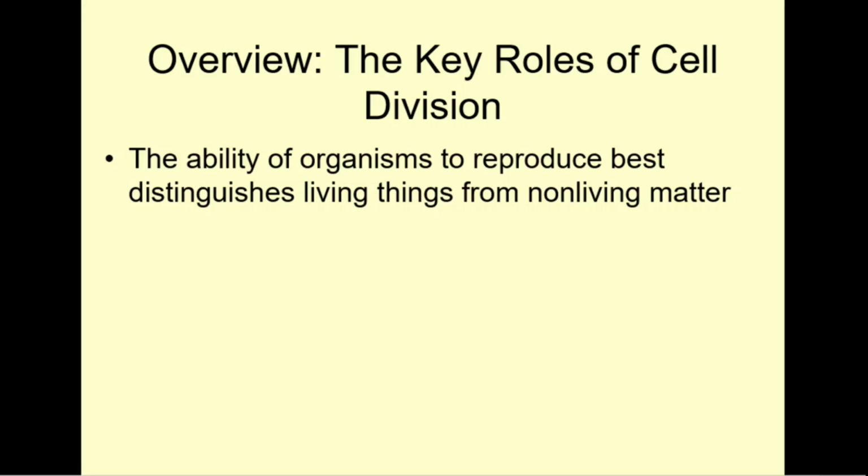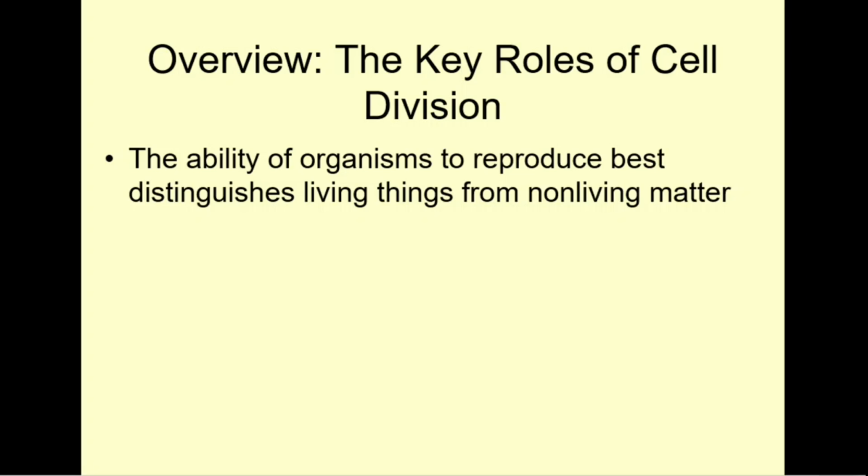If you look at a non-living item, like a rock or a coffee mug, you can say with almost certainty that those things are not going to be able to reproduce themselves. This ability to reproduce is one of the key distinguishing factors of life.